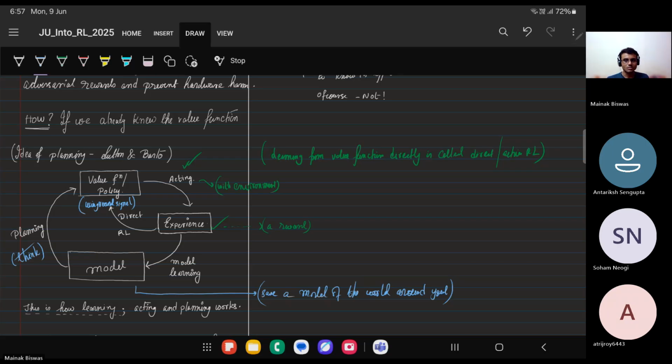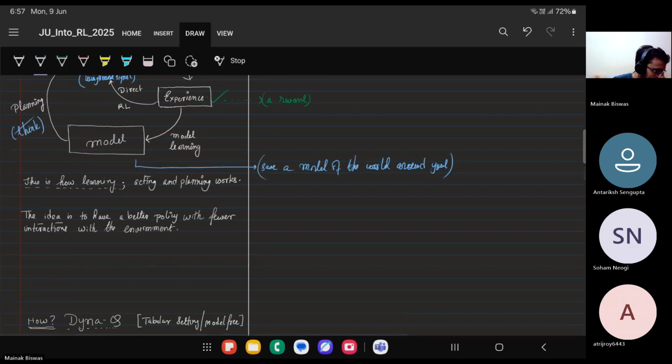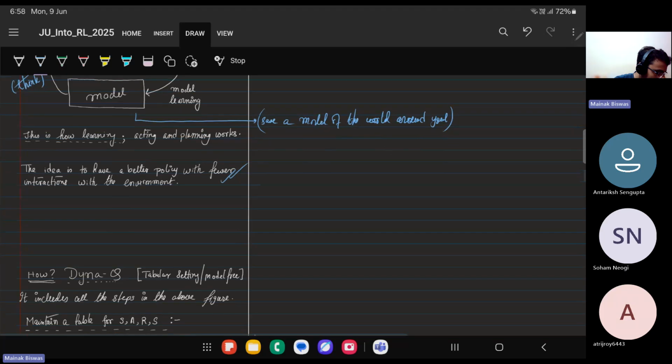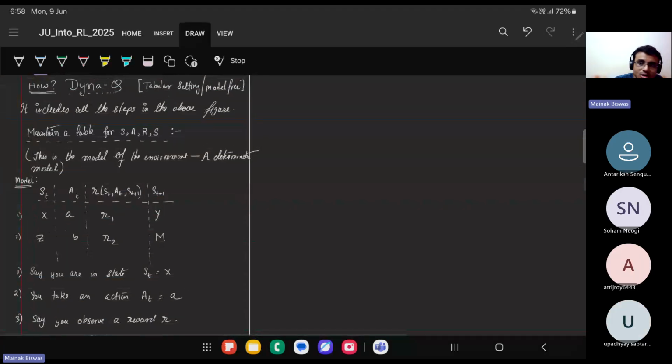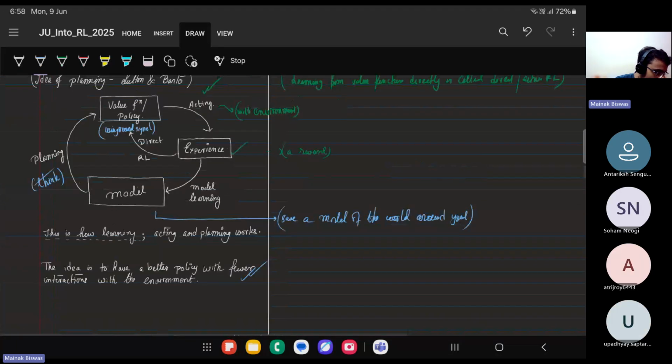Okay. So how does this planning work? You want fewer interactions with the environment, as I was saying. So I'll try to learn it using, say, the Dyna-Q learning algorithm.